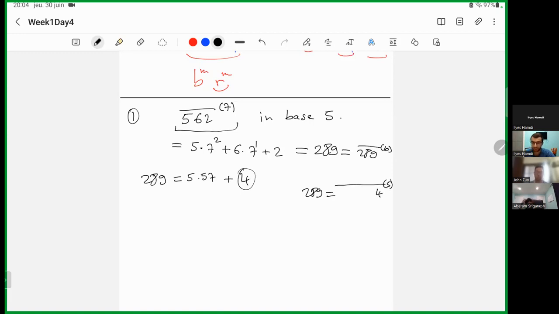Okay, good. Now let's continue. I take 57, I divide it by 5, so it's going to be 11 plus 2. So my second number is 2. And then I consider 11, 5 times 2 plus 1. So that's the 1. And then I consider 2. So it's 5 times 0.